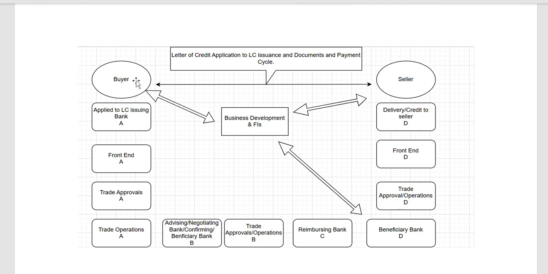Normally, as trade finance people, you will know that there will be an agreement between the buyer and the seller. They have some contractual obligations.